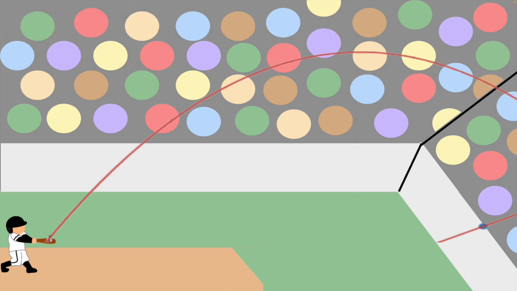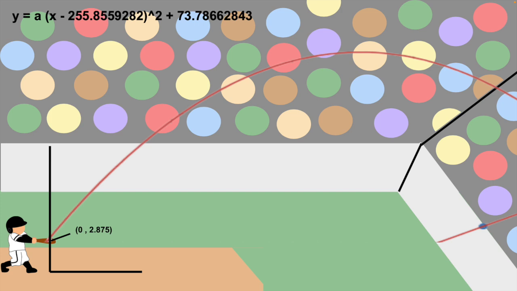Now we can put this into vertex form to get y equals a times x minus 255.8559282 squared plus 73.78662843. So now we need to solve for a. We can put the y-intercept of 2.875 into the equation to solve.